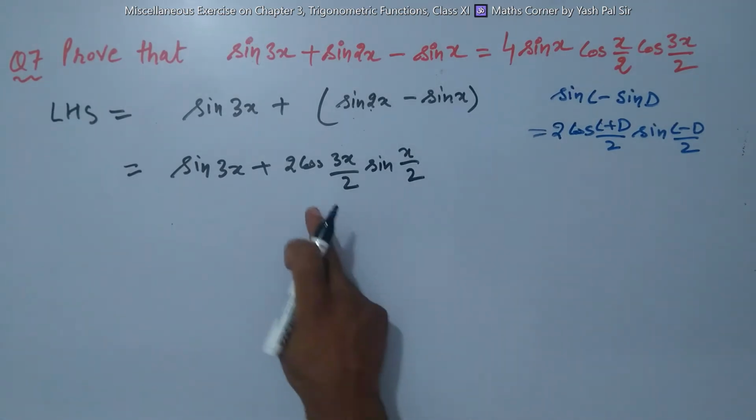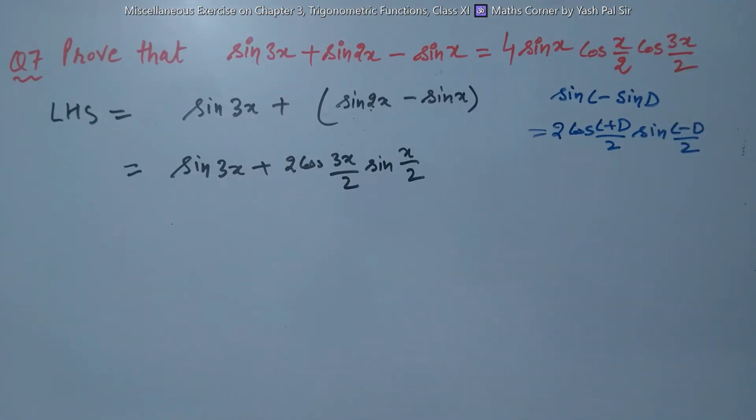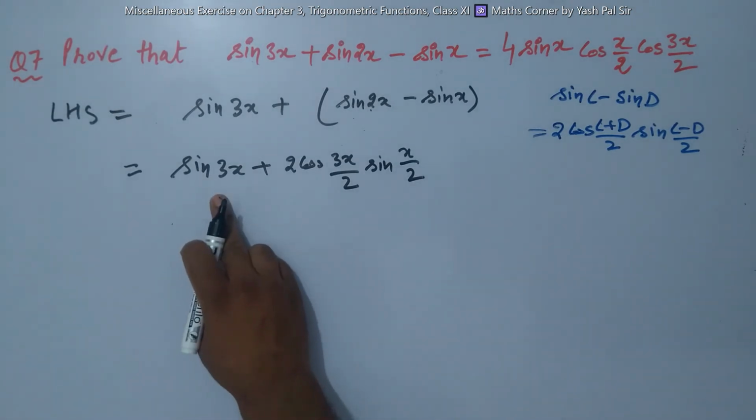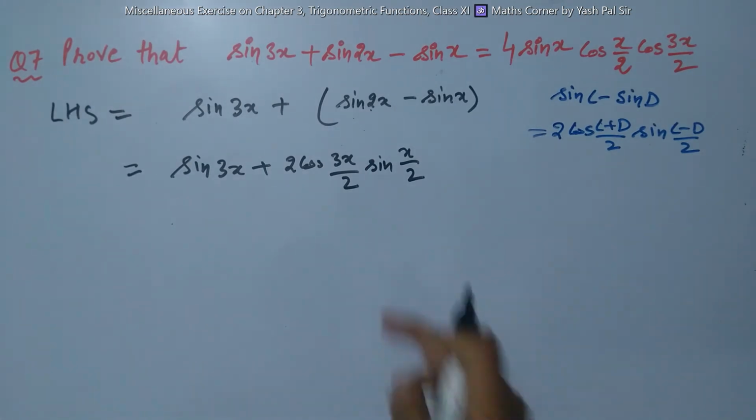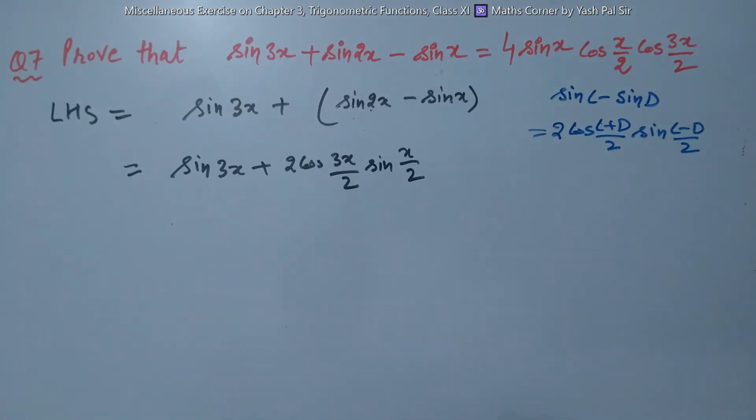So what we see, cos 3x upon 2 is available, which was the requirement. So now what happens, again here the problem is that we cannot take anything common here. Now we have to think.